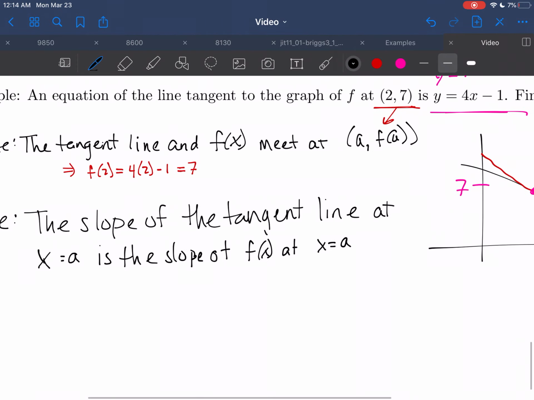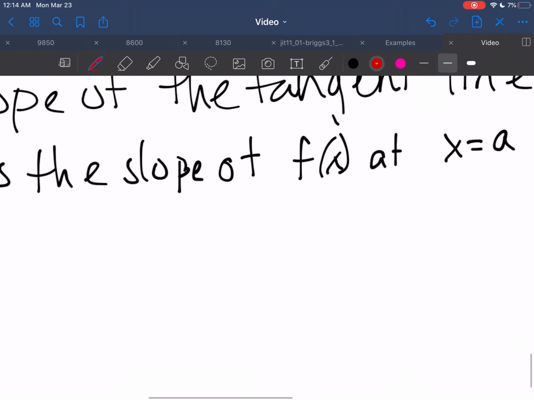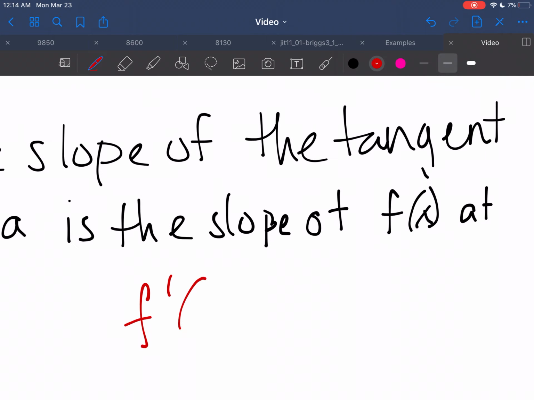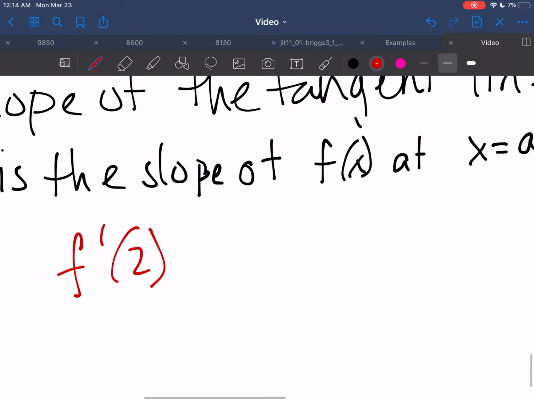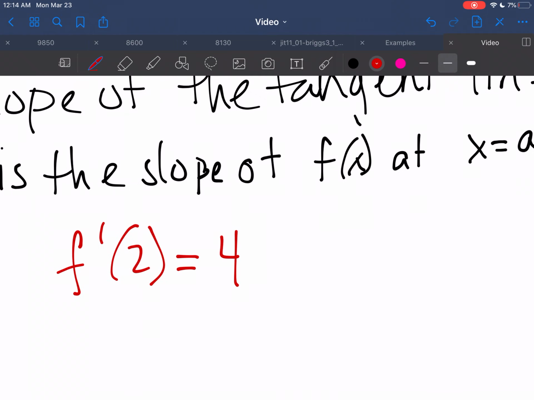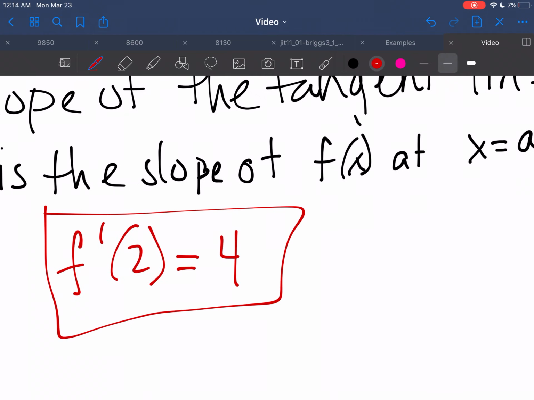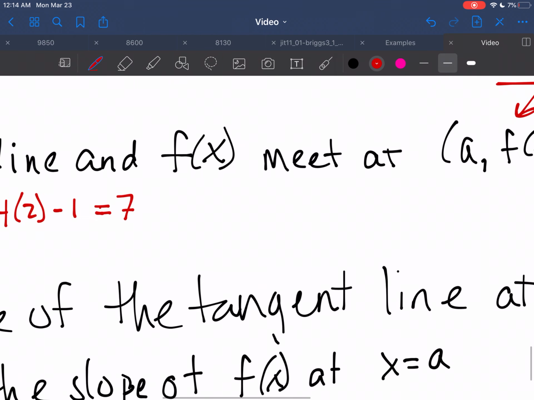All right, so what does that mean? That means my derivative f prime of 2, my derivative of f at 2 is equal to 4. Okay, the slope of that tangent line.